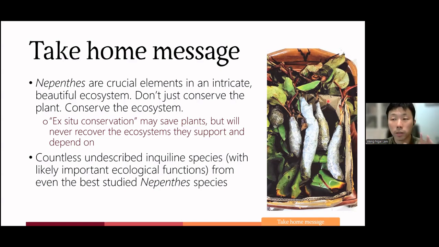Many inquiline species which probably have very important ecological functions in the unique ecosystem of Gunung Gajah, this granite mountain, are probably lost, and the ecosystem is changed forever because of some people who want to grow a rare plant in their greenhouses. And I think we have to be aware of that.